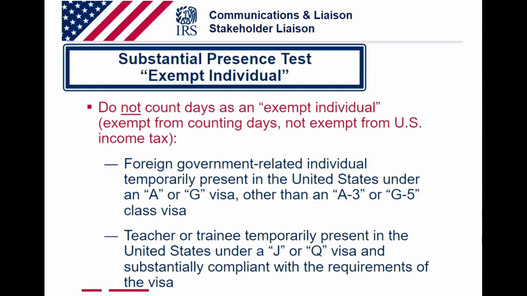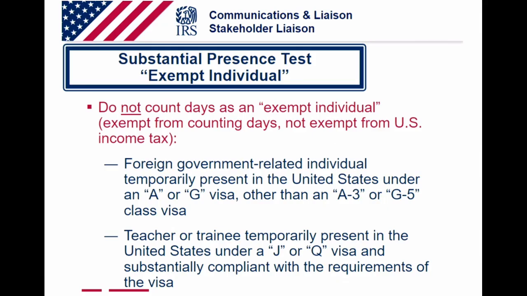So members of the immediate family include the individual's spouse and unmarried children, but only if the spouse's or unmarried children's visa statuses are derived from and dependent on the exempt individual's visa classification.